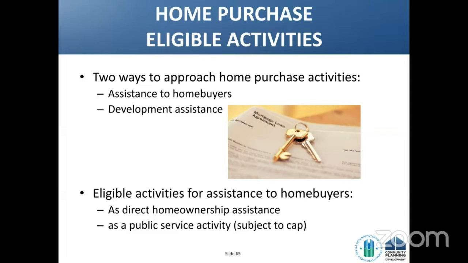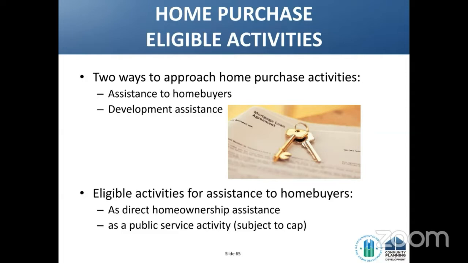Development assistance means that we're assisting the unit before it's actually ready to be occupied. When you're providing assistance to homebuyers, it's either direct homeownership assistance under 201(n) or a public service activity, which will be subject to the public service cap.